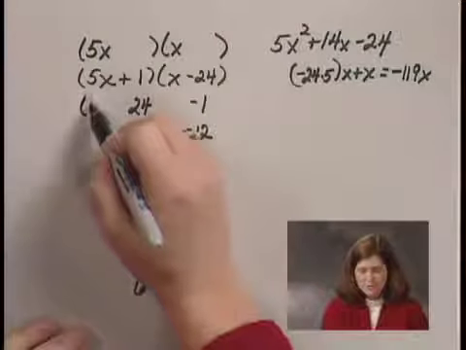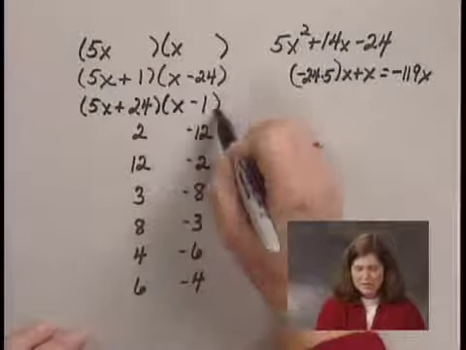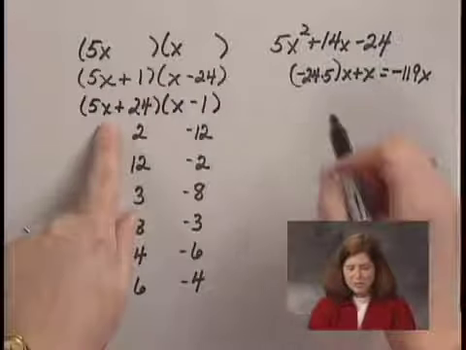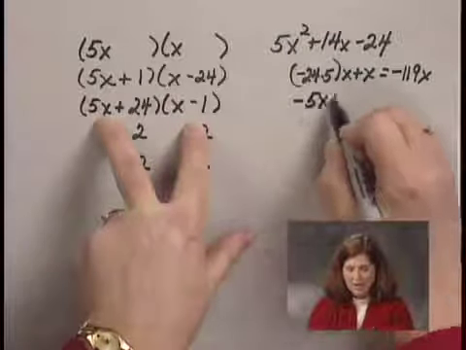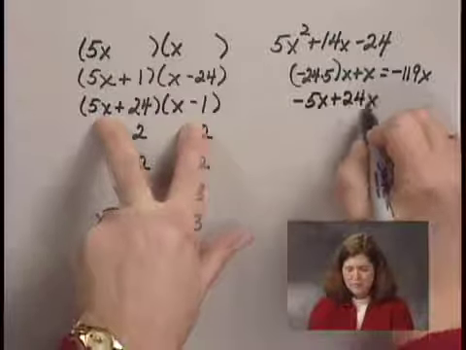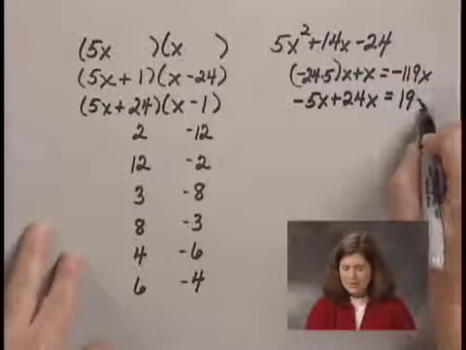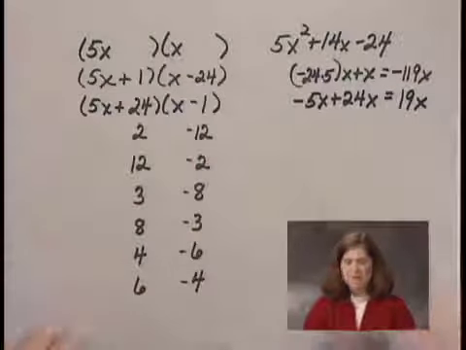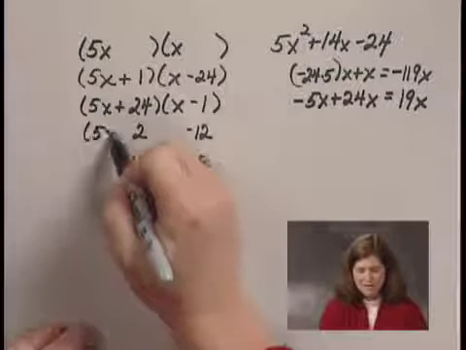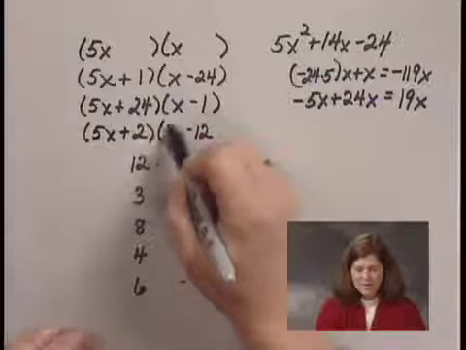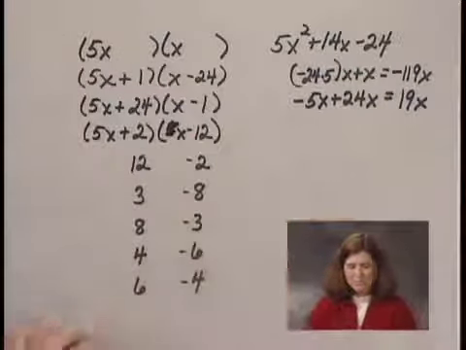So I'll try the next one. I have 5x plus 24 times x minus 1. My middle term then would be negative 5x plus 24x, which is 19x. That's close to 14, but not exact. So I'll try 5x plus 2, x minus 12.